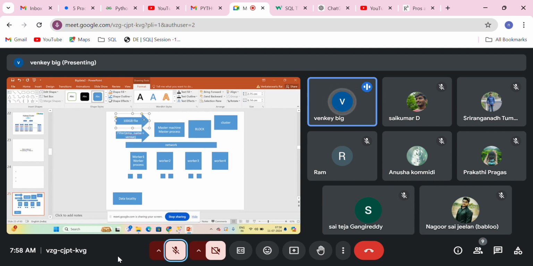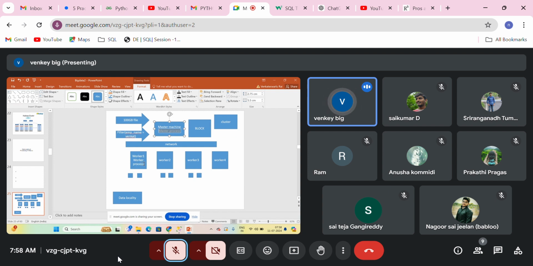I have sent a storage request, and now I am applying a processing request. Your master process will detect all the partition files that are there in the workers, and it will send this logic to the worker process.